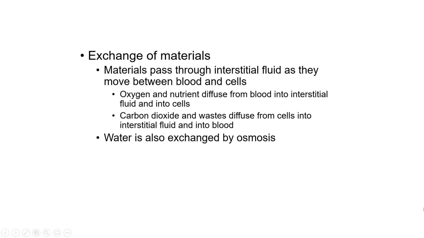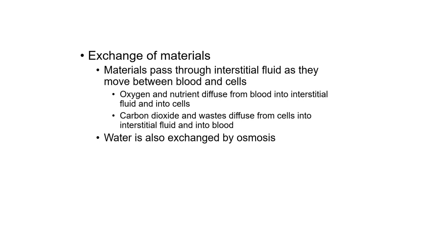Exchange of materials. Materials pass through the interstitial fluid as they move between the blood and the cells, right? So we know that oxygen and nutrients diffuse from the blood into the interstitial fluid and into cells, and carbon dioxide and waste diffuse from the cells into the interstitial fluid and into the blood, right? This is the system. This is what the blood is doing.